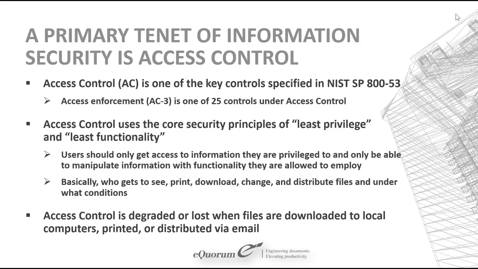Basically, this means who gets to see, print, download, change, and distribute files, and under what conditions. This access control gets degraded or even lost when files are downloaded to local computers, printed, or distributed via email.